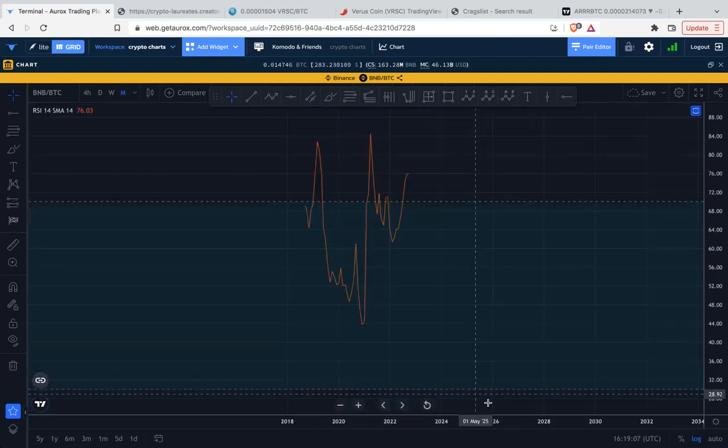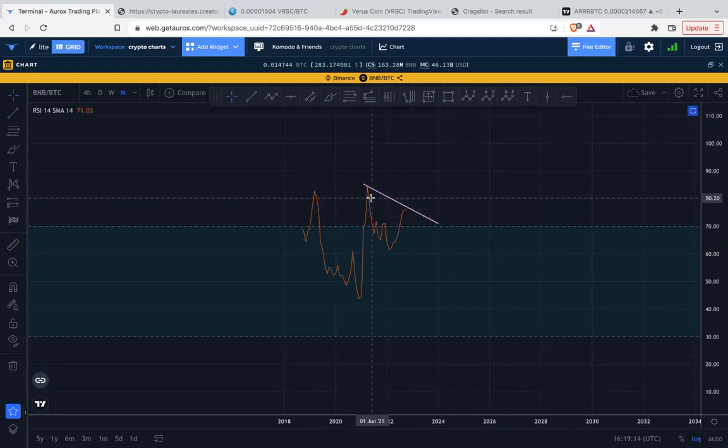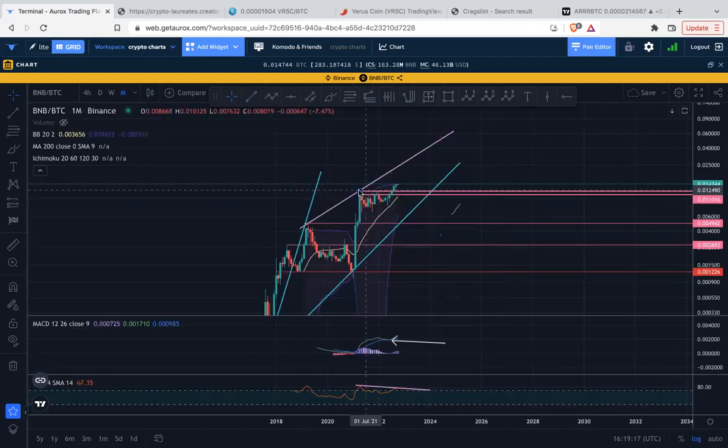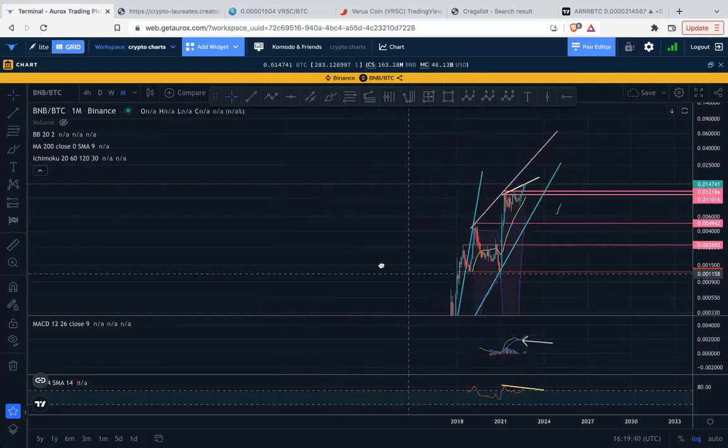At least if you look here on the RSI, can you say that you're making a divergence on the RSI? Because this is all the way back in 2021. It's here. So I would say that feels valid. But anyway, that is the potential that we have on BNB.